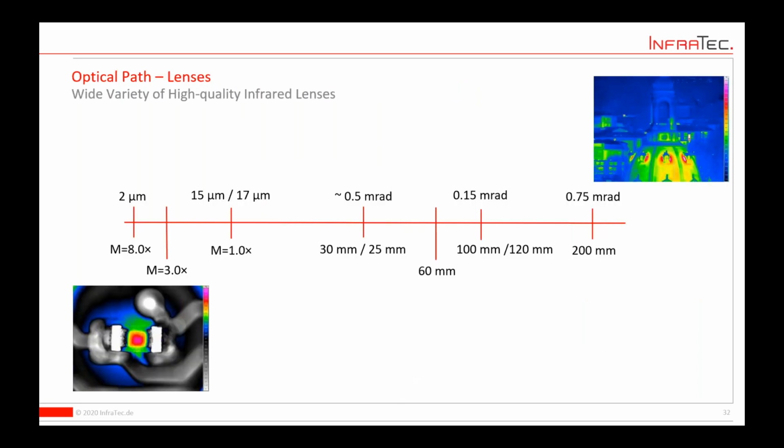To give you a perspective of the current market regarding field of view and available lenses: for these microbolometer cameras, you can expect to have everything from an easy microscopic lens to a telephoto lens, approximately 15 micrometers or 17 micrometers actually, to 120 millimeters in focal length, something in between.